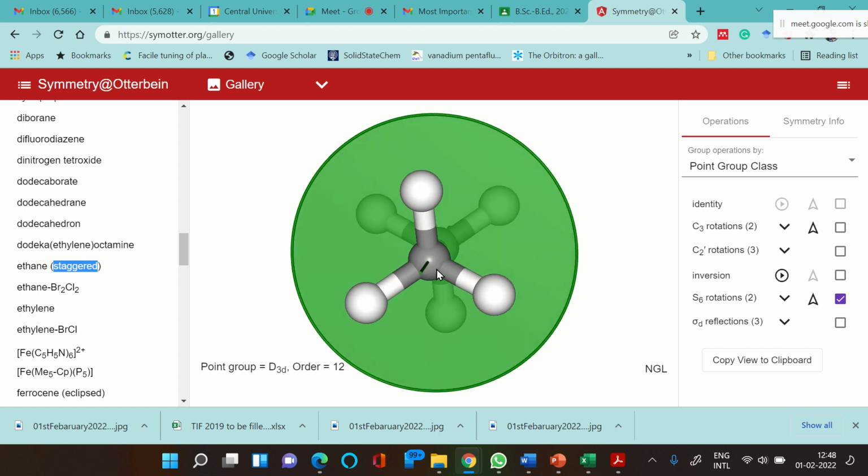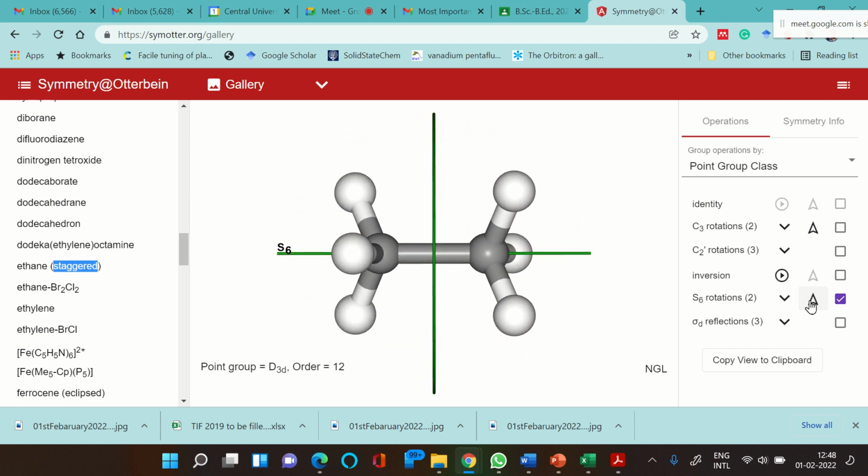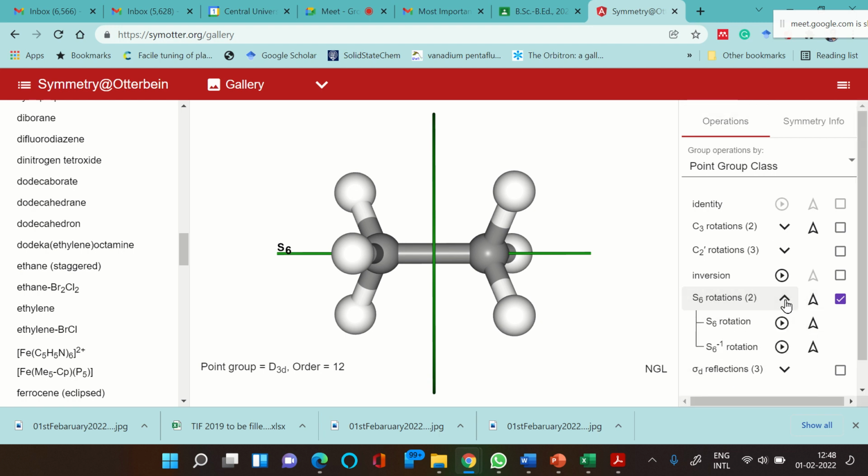ठीक है, so S6 operation when you try to perform this... एक मिनट, अच्छा ये कुछ और हो गया. Point group, class, inversion, operations, S6 rotation, reflection. So there are two things that have happened.